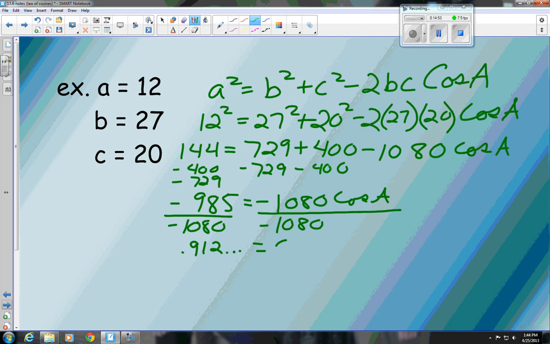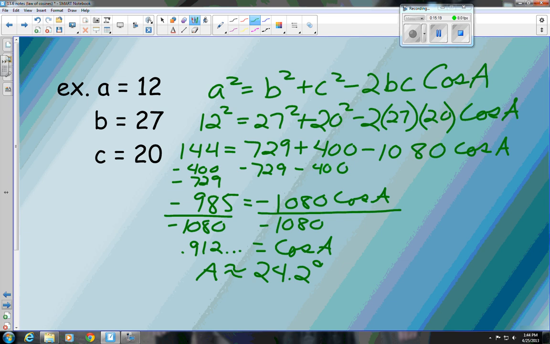Don't round it, leave it in your calculator. That's equal to my cosine of A. So to find A, what do I do? Second cosine, second answer. So A is approximately 24.2 degrees.